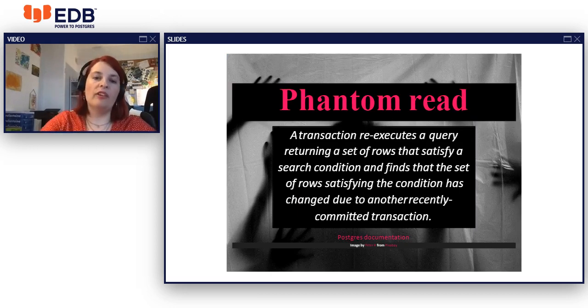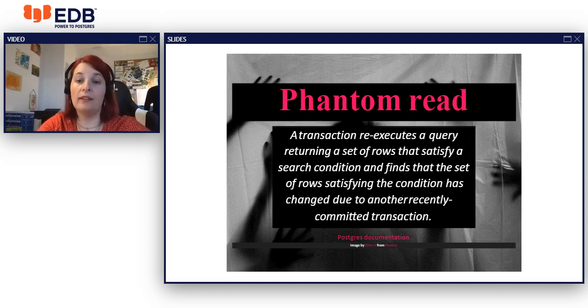Then we have the phantom read. A phantom read is when a transaction re-executes a query returning a set of rows that satisfy a search condition and finds that the set of rows satisfying the condition has changed due to another recently committed transaction.